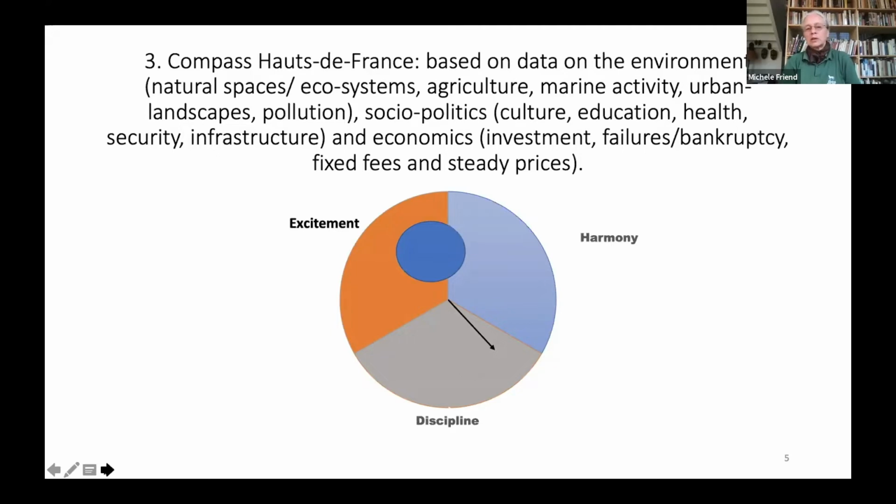If we have failures and bankruptcy and people not living very well, or institutions that are not doing very well, then we're talking about discipline. So this is the spur that forces people to pull themselves together and reinvest in the economy, or retry to gain the economy. And harmony has to do with all the fixed prices, all the steady prices, all the things that don't move around very much.